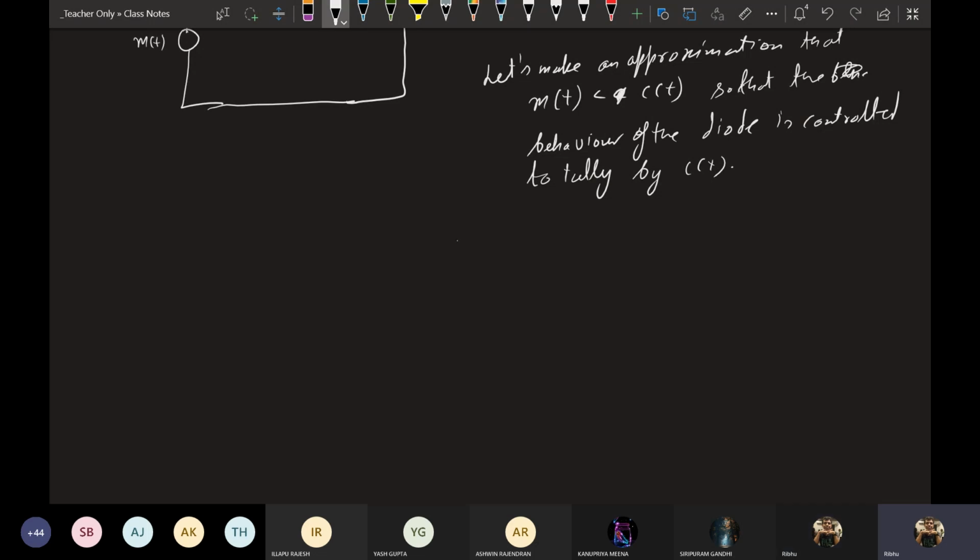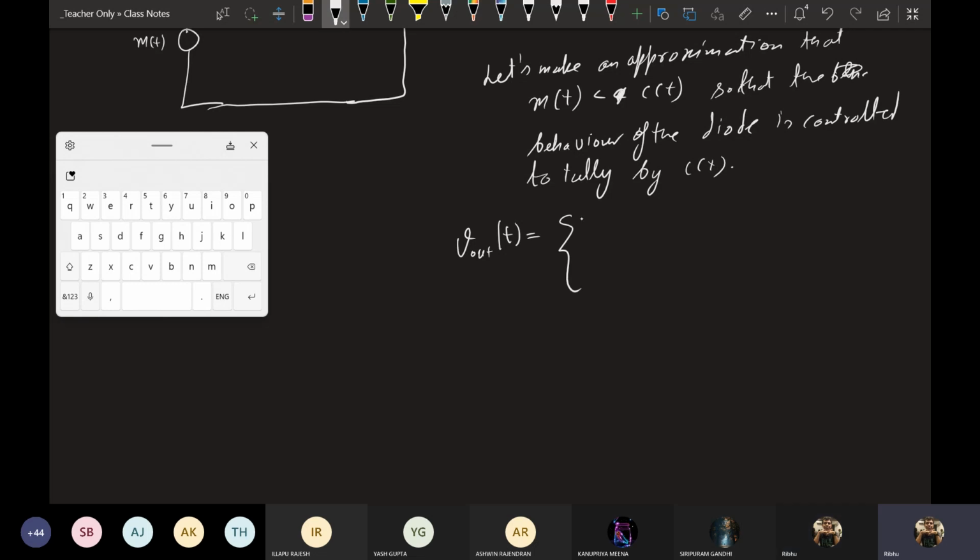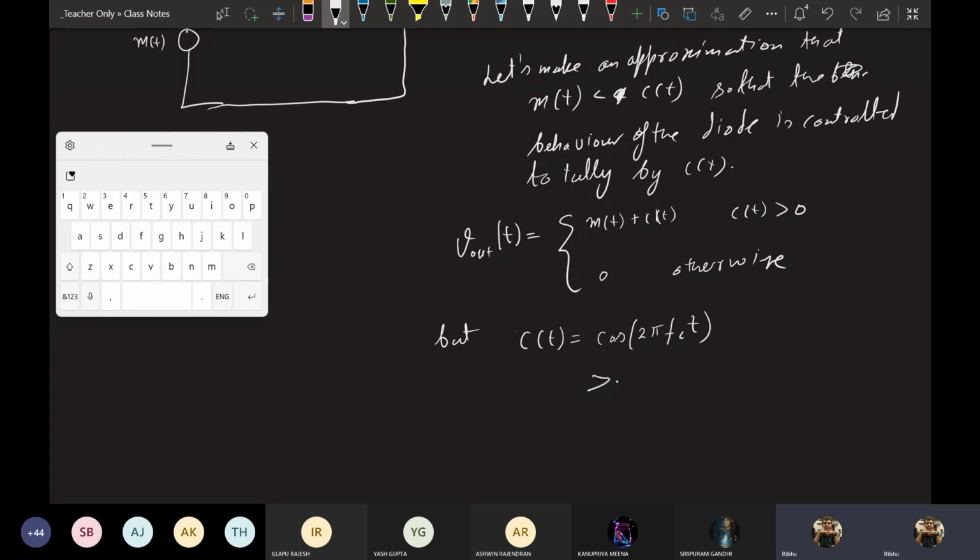So with this approximation, V out(t) equals c(t), but what is c(t)? Right, which is greater than 0.